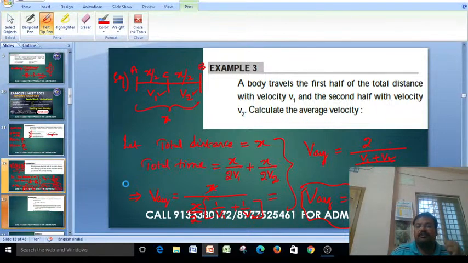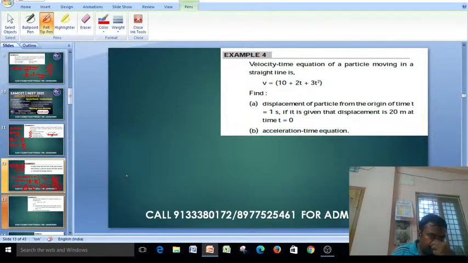Next question, let us try to check it. This is example 4. The velocity time equation of a particle moving in a straight line is given, that is V is equal to 10 plus 2t plus 3t square.